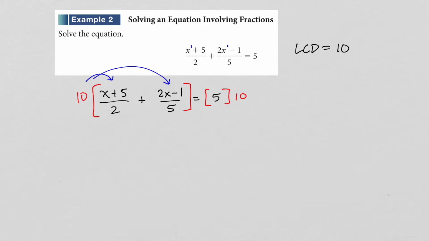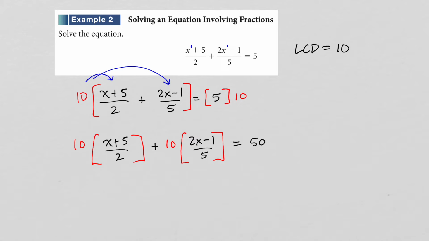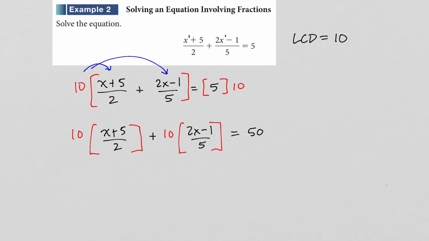And I'll show my work on this. We have 10 multiplied by the first fraction, which is x plus 5 divided by 2, plus 10 multiplied by the second fraction, which is 2x minus 1 over 5. On the other side, we simply have 5 times 10, which is 50. Now, the whole point of multiplying by the least common denominator is we can now cross-cancel.